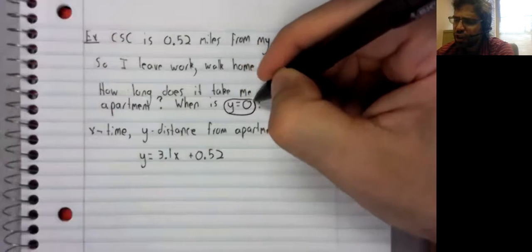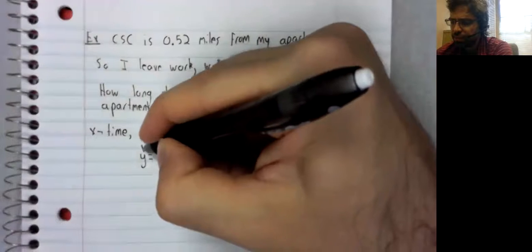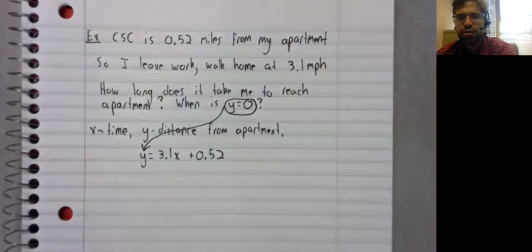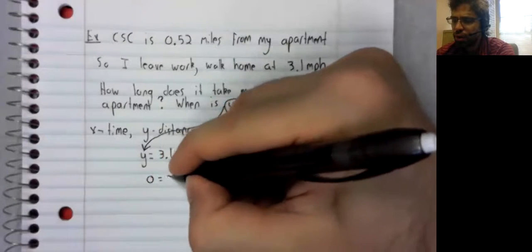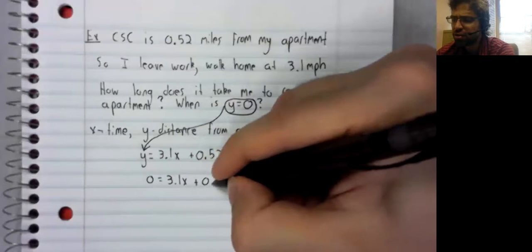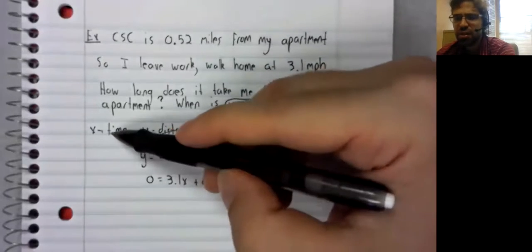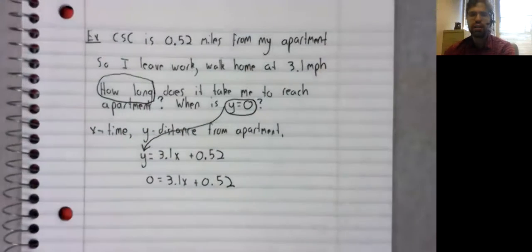And that rephrasing shows us what to do. We want to set Y equal to 0 and solve for X. And that makes sense when we think about it, because X is a time, and that's precisely the type of question we're answering here.